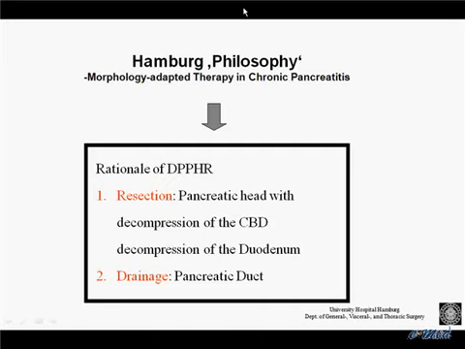You can achieve the decompression of the duodenum, so you can relieve duodenal obstruction. In some anatomical variations of this procedure, you can relieve segmental portal hypertension by decompression of the mesenteric portal axis. And of course, you are dealing with the pancreatic duct by a combination of drainage and resection.